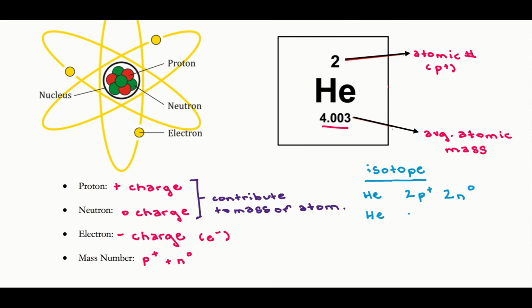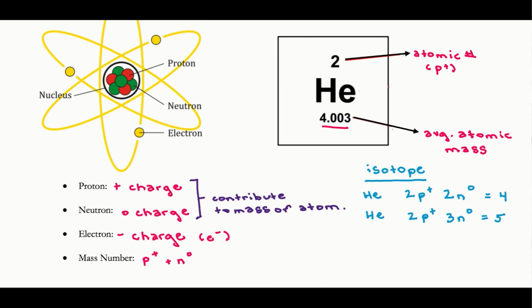Remember, it has to have 2 protons to be helium, but instead of having 2 neutrons, it has 3 neutrons. Well, its new mass number is going to be 5. So because helium can have different numbers of neutrons, it's going to have at least a couple different isotopes that have different mass numbers, right? Because this one has a mass number of 4 and this one has a mass number of 5.